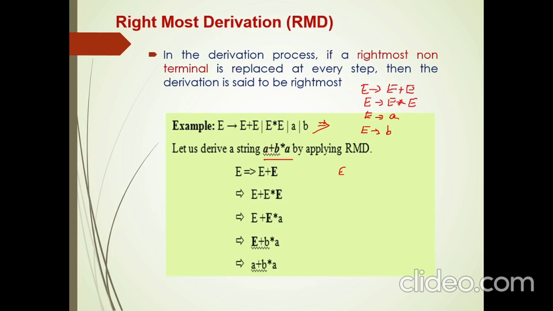So this is the right one. E gives E plus E. So this I have obtained by applying E gives E plus E. Next, I am going to apply a rightmost derivation.